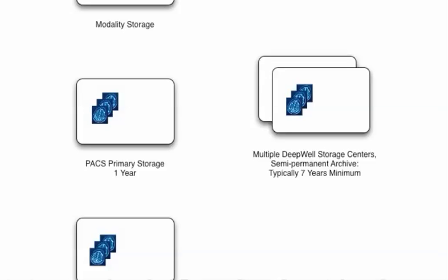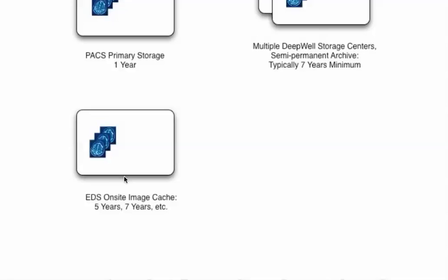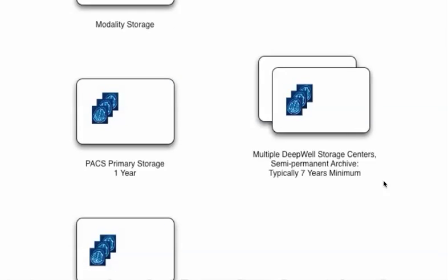That's typically a highly available, highly fault-tolerant, high-performance storage array, a SAN or a NAS architecture and implementation. Then, of course, it's in the EDS on site in the Deepwell image cache for 5 years, 7 years, etc. Then it's in multiple deep archive storage centers where automated data migrations take place.